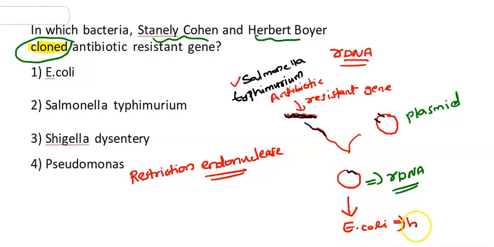Here E. coli bacteria is the host. Inside this host, cloning will take place. So where is cloning happening? Inside the host, which means inside the E. coli bacteria. So our answer will be option 1.